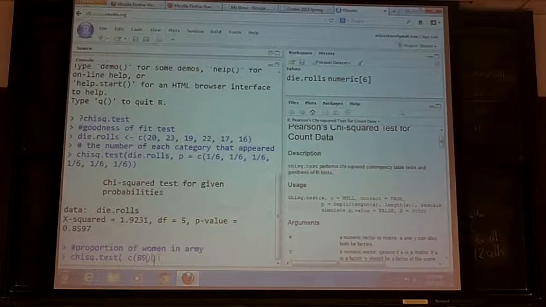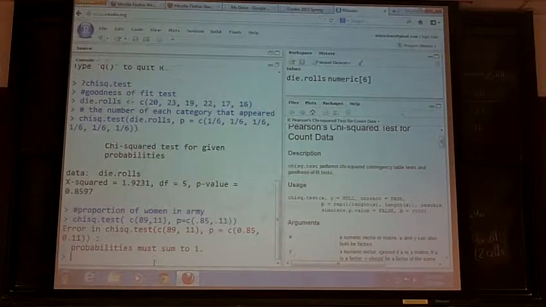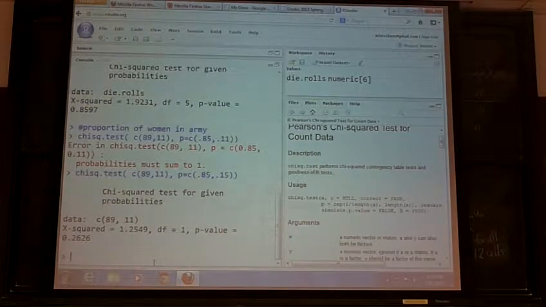This would be 89 men, 11 women, and the proportions I'm expecting are 0.85 and 0.15.